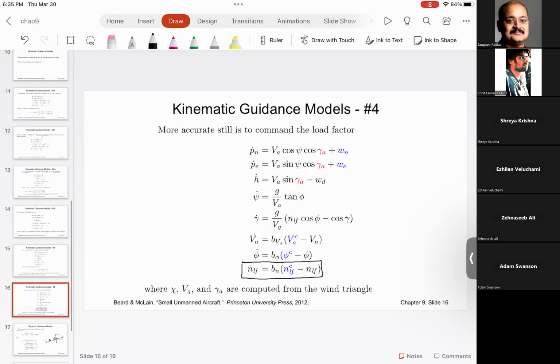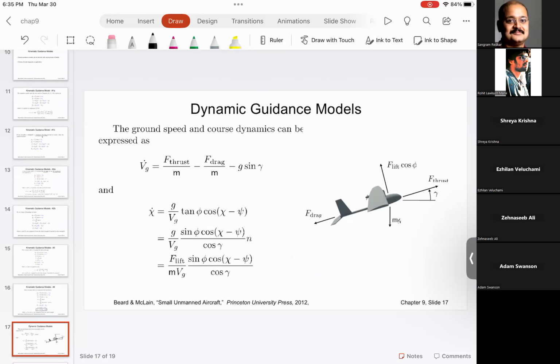If you want to add the dynamic model, then you need to take into account the external forces, which are nothing but the drag force and the thrust force. Thrust force is basically the force given by the prop. It could be a puller prop, a pusher prop, or side props, which are the props on the wings. You can have a prop on the front or a prop in the back, so you have different prop configurations.